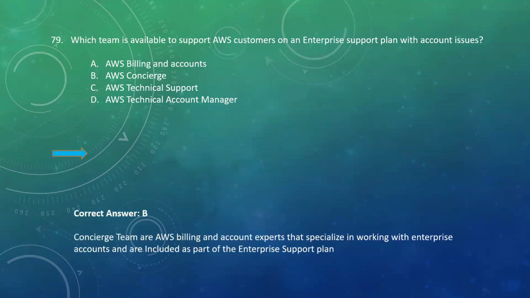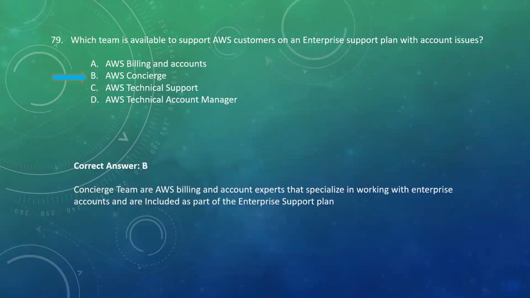So the right answer is option B, AWS concierge. The concierge team are AWS billing and account experts that specialize in working with enterprise accounts and are included as part of the enterprise support plan.